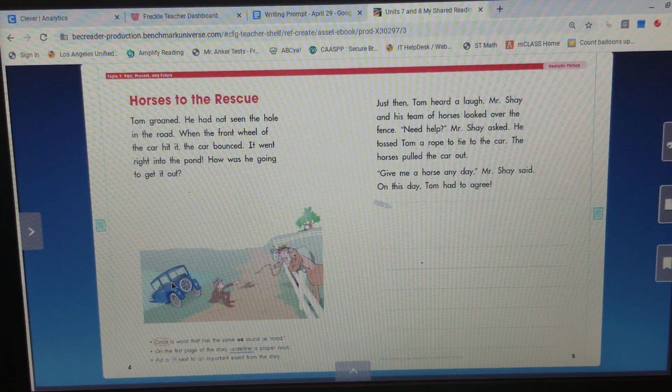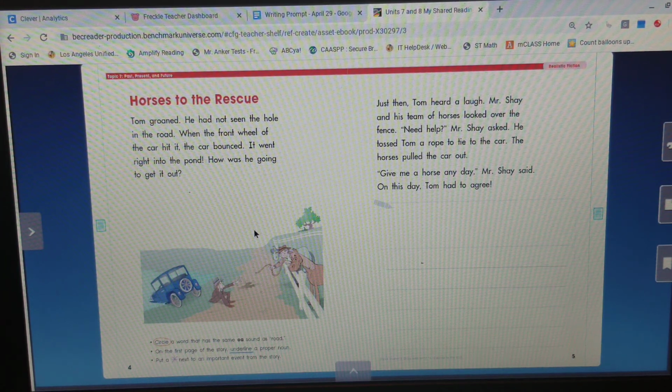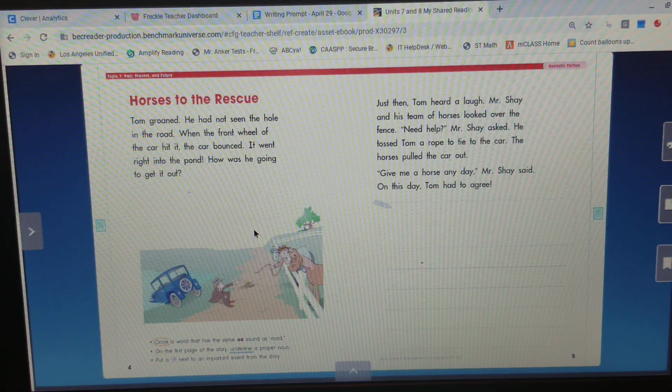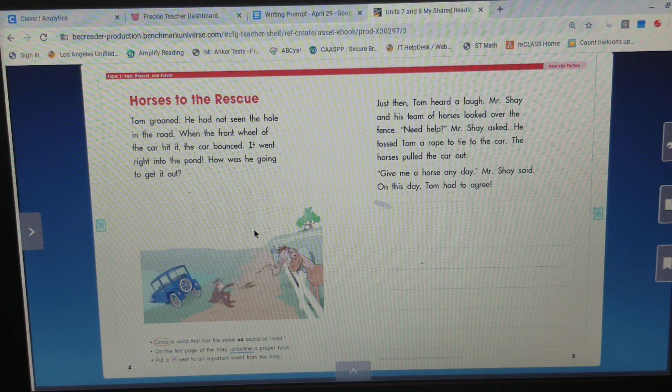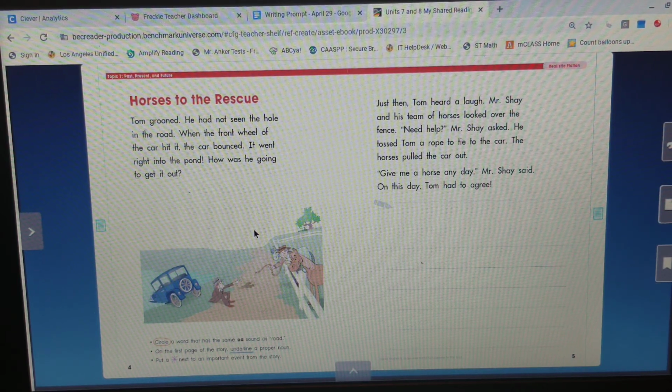Now, I think I can understand better why the story is called Horses to the Rescue. How did they rescue someone? Or I can even ask, well, who did they rescue? I think you're right.